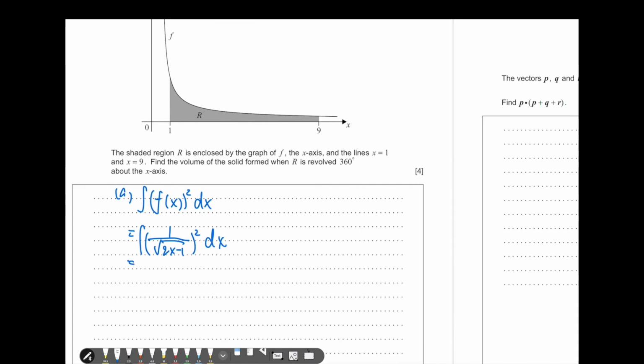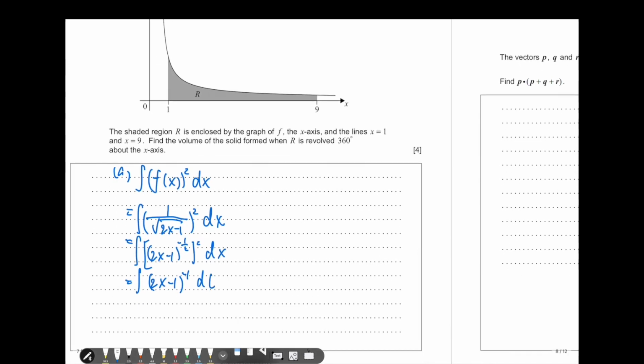How can we do this integration? We change that into index form. So it becomes half of 2x minus 1 to the power of negative 1, dx.